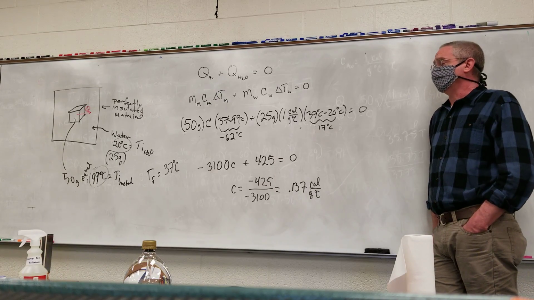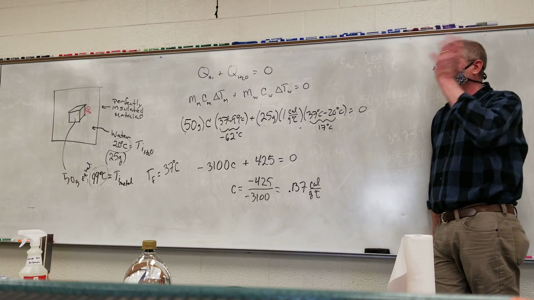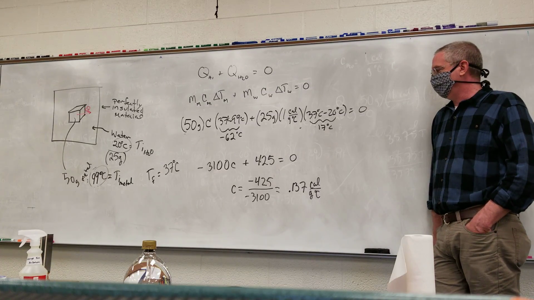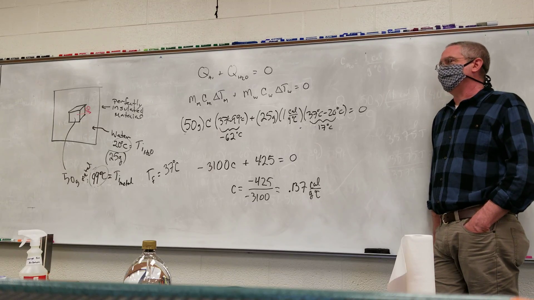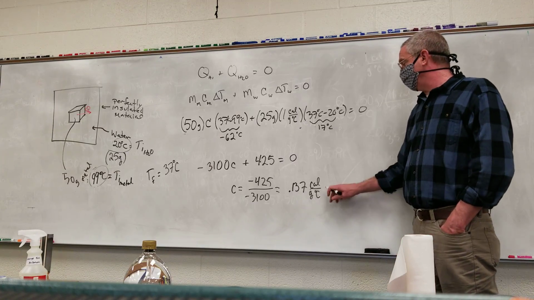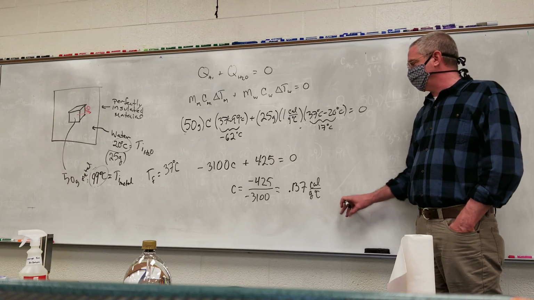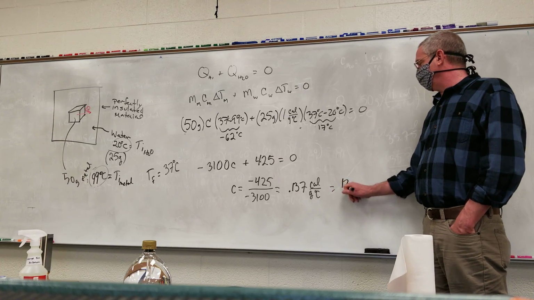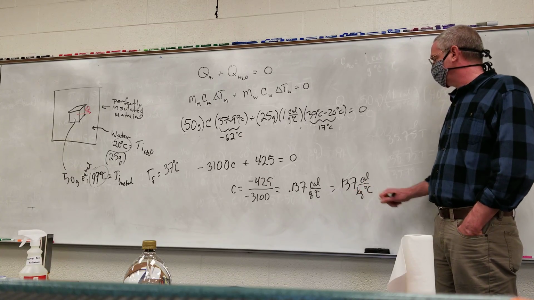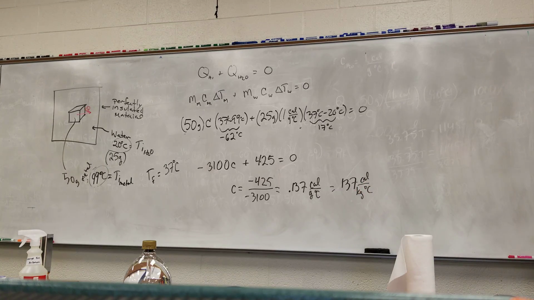I'm sorry, I didn't write down grams because you said it and my mind was so focused on kilograms. Because you don't like decimals, you just hate decimals with a passion. So if you want to do kilograms, then you'd be multiplying by 1,000 grams per kilogram, so this would be the equivalent of 137 calories per kilogram degrees Celsius, if you wanted to do away with those pesky decimals.